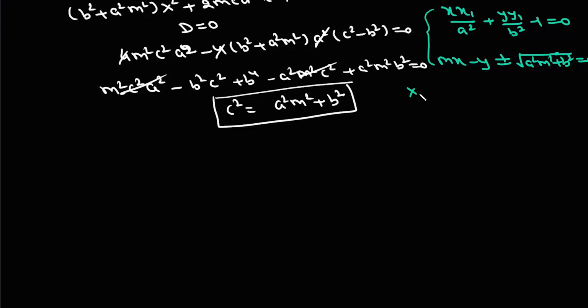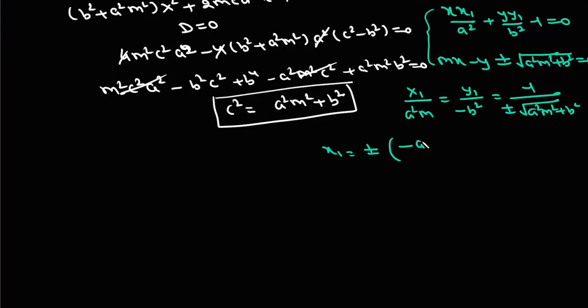So we get x1 upon a square m, y1 upon minus b square, and it is equal to minus 1 upon plus minus a square m square plus b square. So here this x1 will be plus minus, and then minus a square m upon under root a square m square plus b square, and this y1 will be b square upon plus minus under root a square m square plus b square.